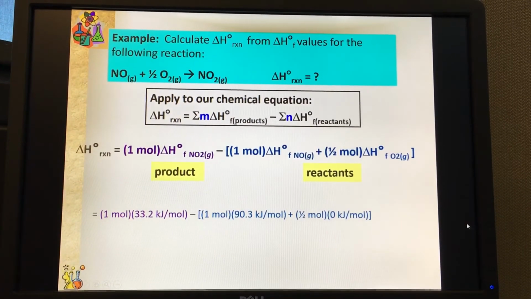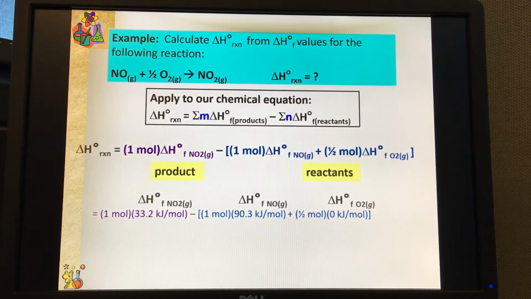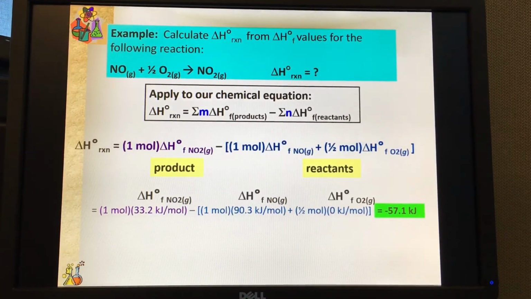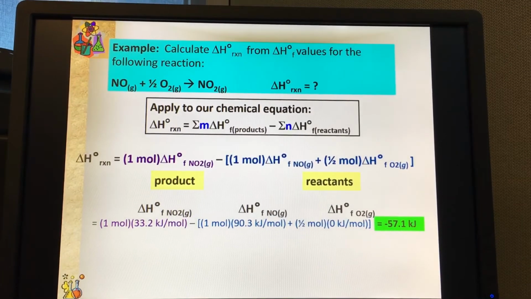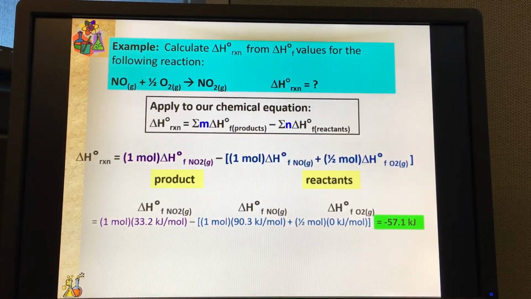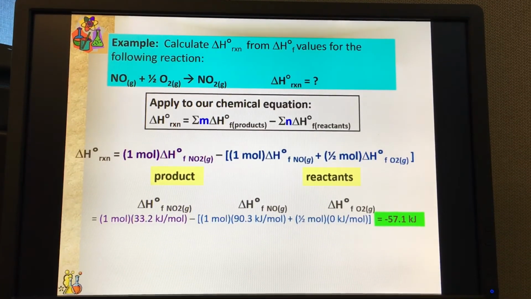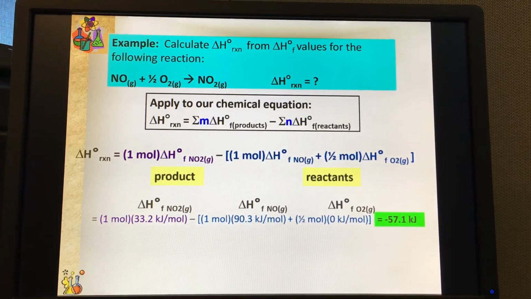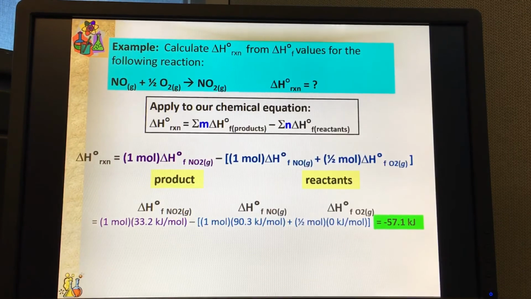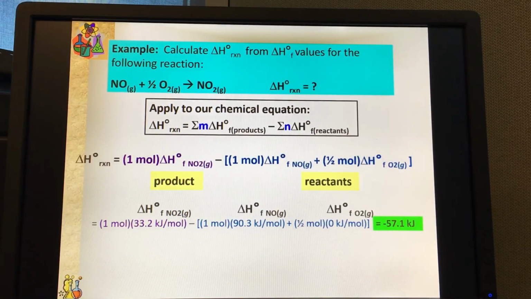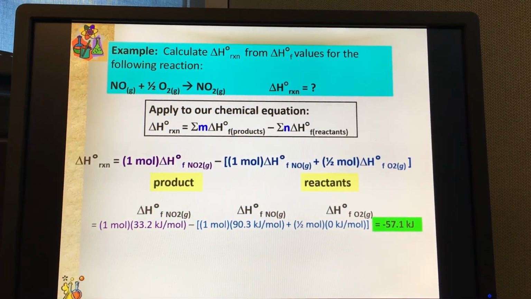If I multiply all my mole amounts by my kilojoules, I'm able to calculate the overall enthalpy of reaction of negative 57.1 kilojoules. So breaking the reactants down into its pure elements and then forming them again into products is overall an exothermic reaction, releasing 57.1 kilojoules per mole every time this reaction occurs.